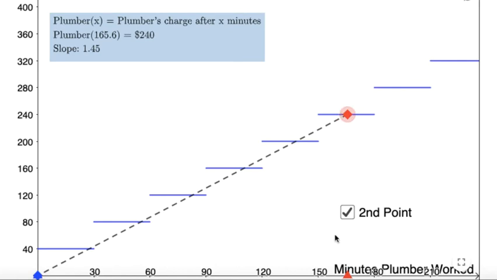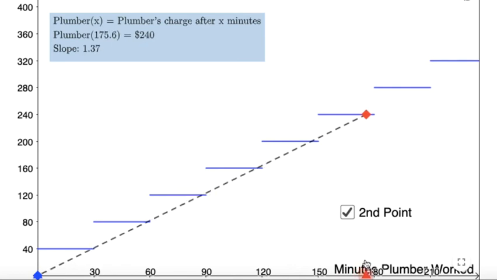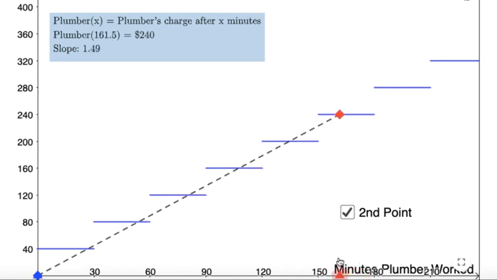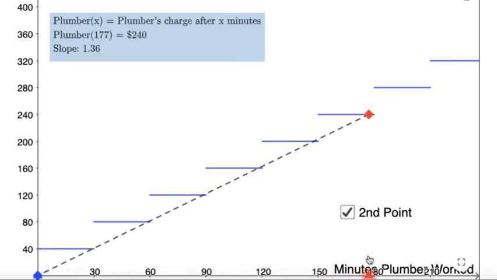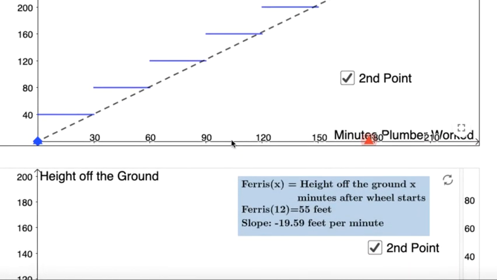If you're at the beginning of the half hour, you're going to pay more per minute. At the end of the half hour, you're going to pay less per minute, because as you can see, the slope of that dashed line is getting a little bit flatter as we move from the beginning to the end of one of these horizontal steps.